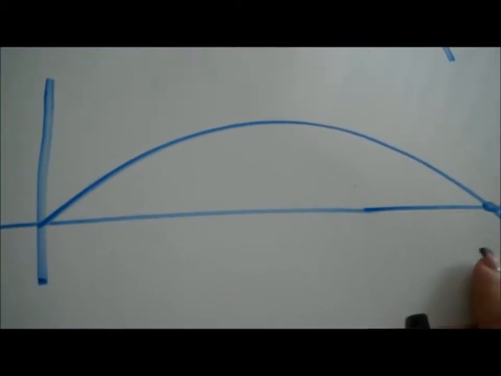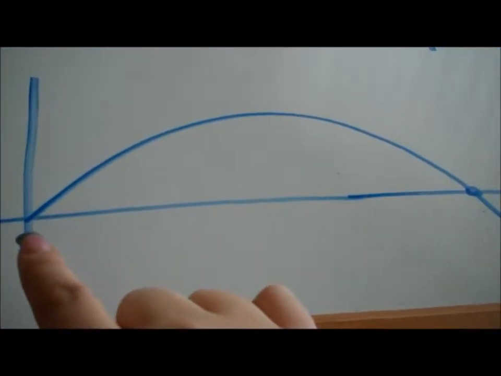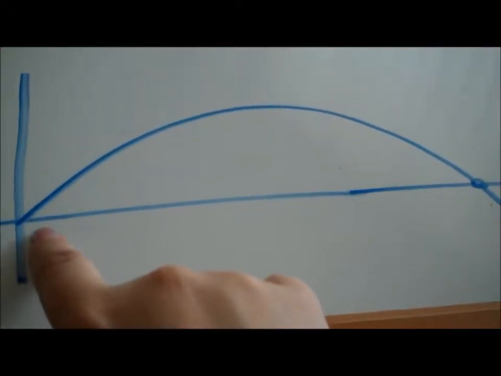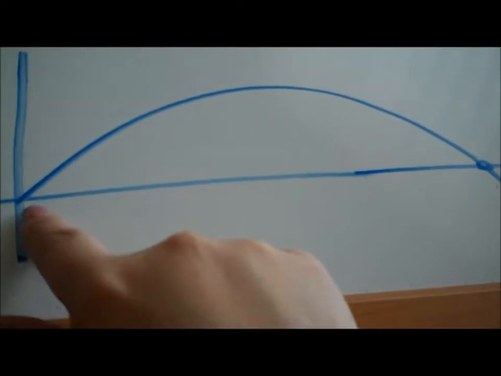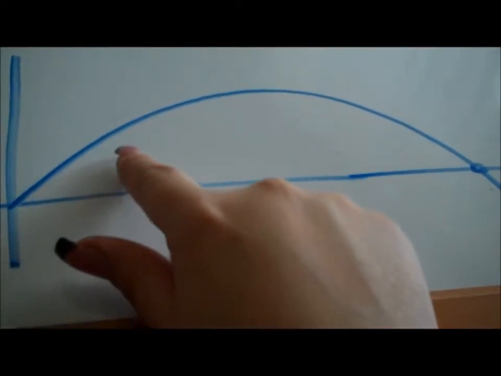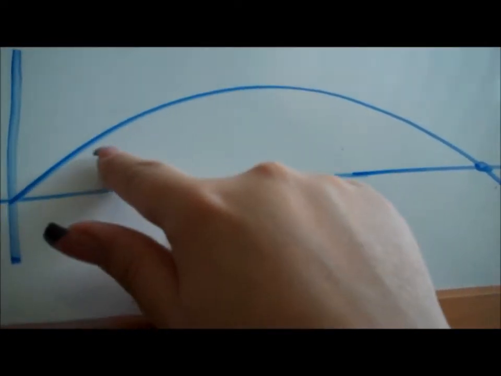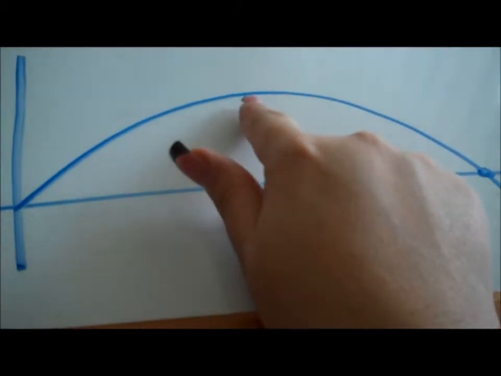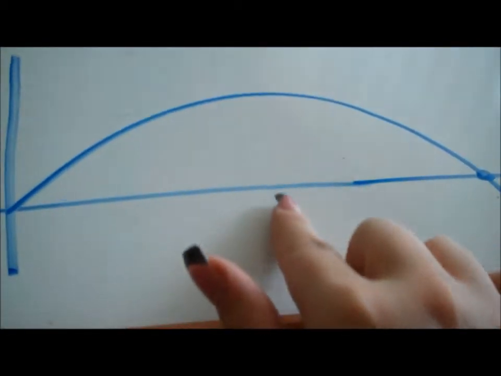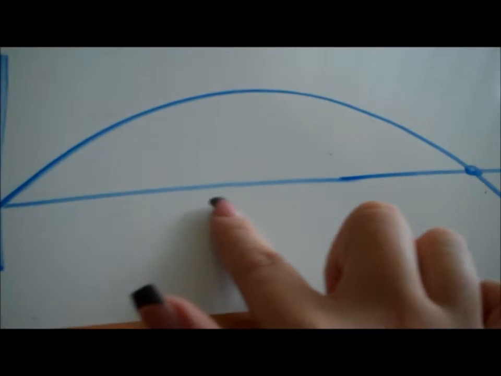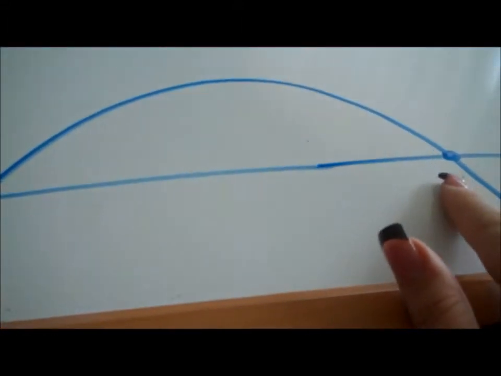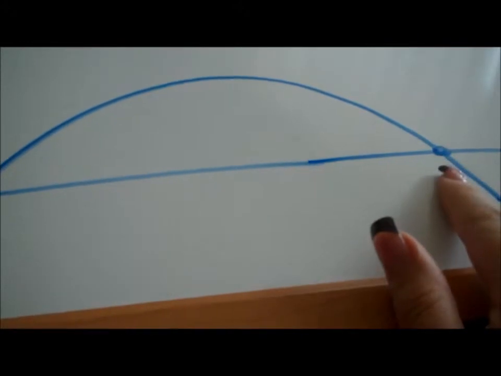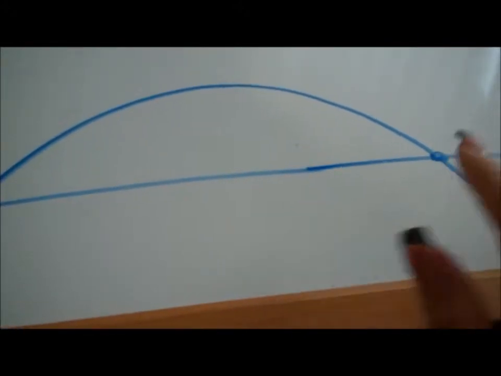So an example of something like this would be kicking a kickball. So here this is ground 0, time 0, so that's where we're at the origin, 0, 0. The ball will be kicked and the y-axis shows how high it's going to go, but also it'll show the time lapse on how long it will take for it to reach its peak, and also how long it'll take for it to come back and hit ground 0.